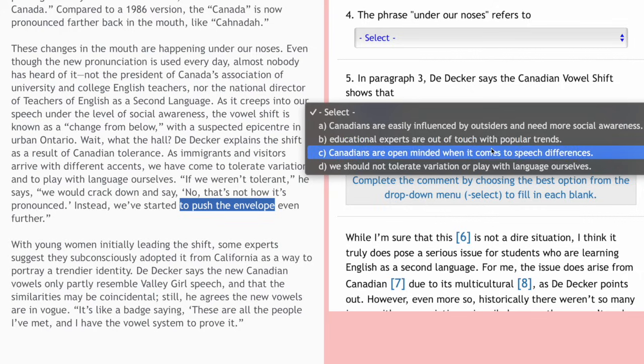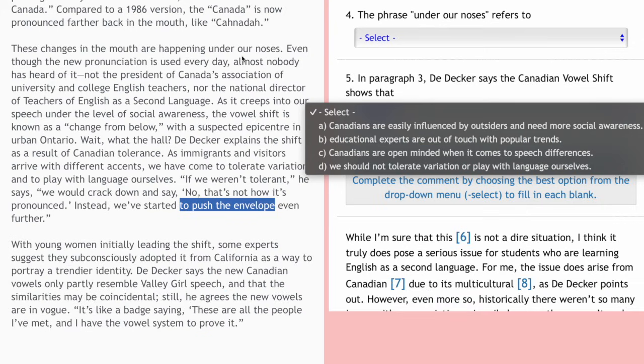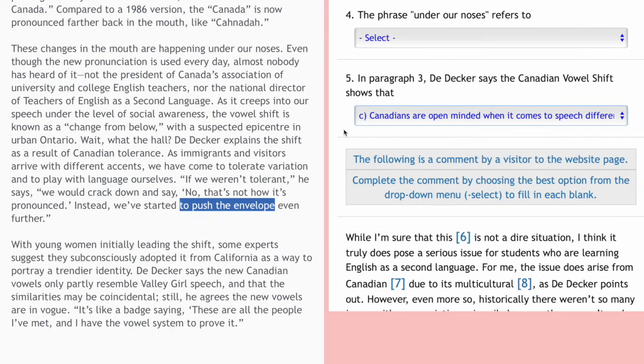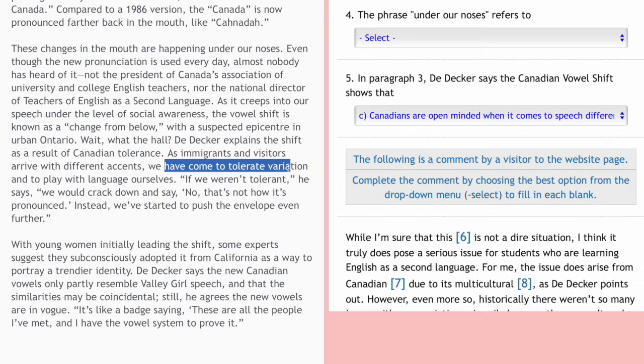Educational experts are out of touch with popular trends. Canadians are open-minded. Well, I would say that it's not that they're out of touch with popular trends. It's because we don't even realize it. So it's not out of touch. But it is trying to say here that it's happening because we tolerate variation and play with language ourselves.